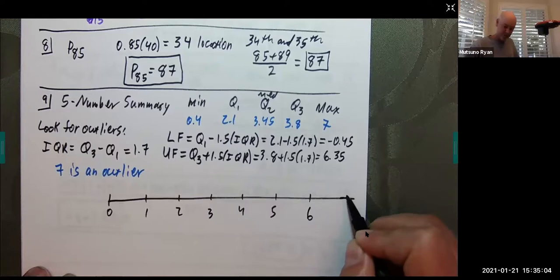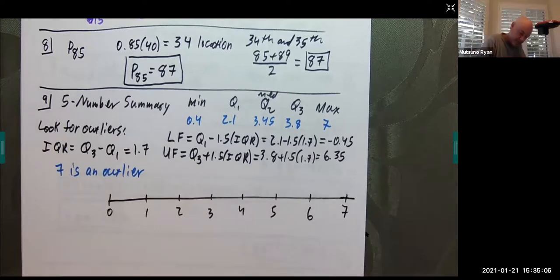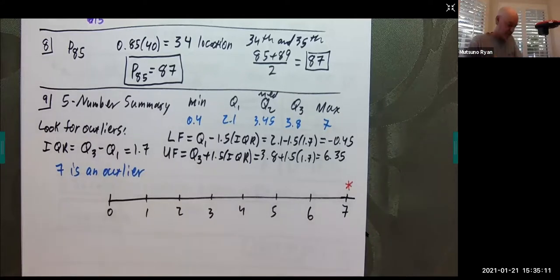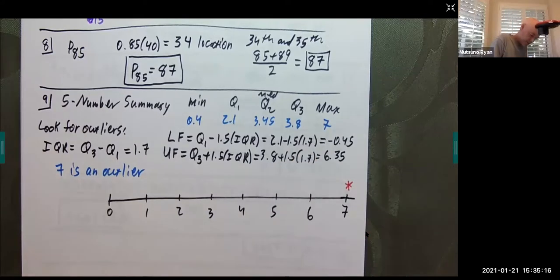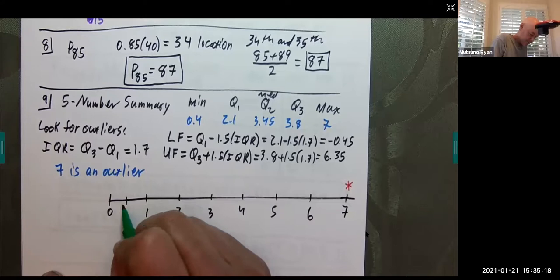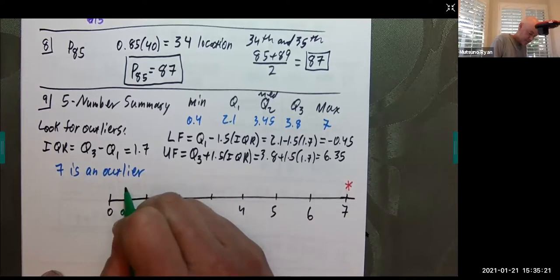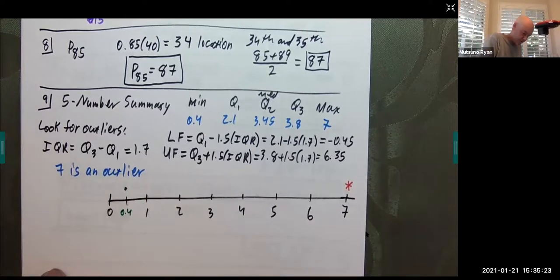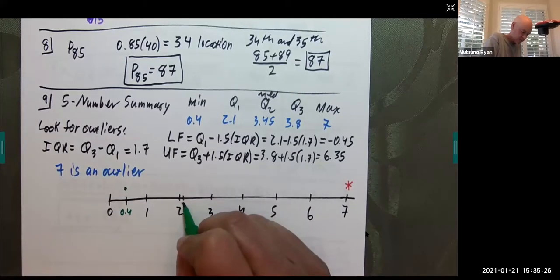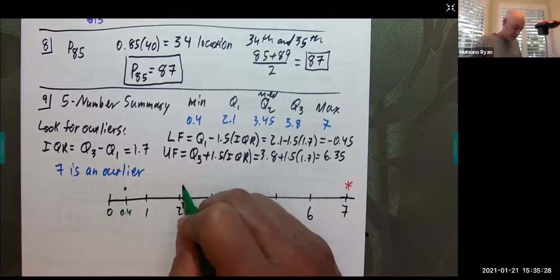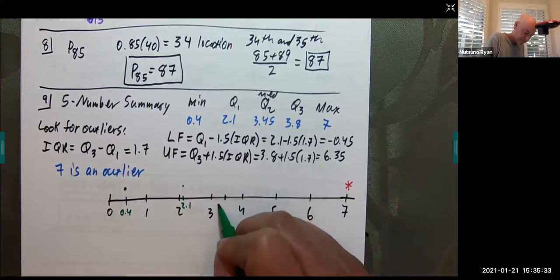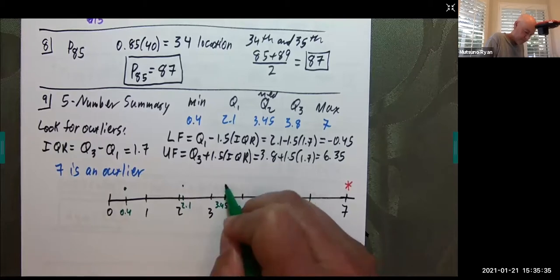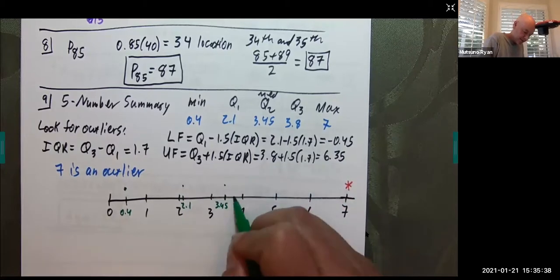So let's throw down our outlier first. Use an asterisk. And now I'm going to put dots for these. I'll use green. So 0.4 is here. 2.1 is here. 3.45 is about here. And 3.8 is about here.